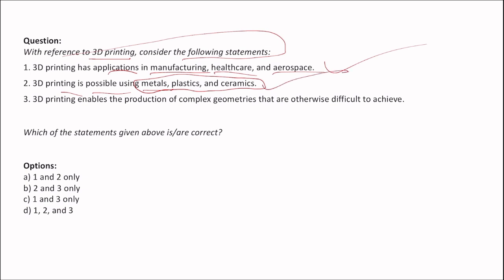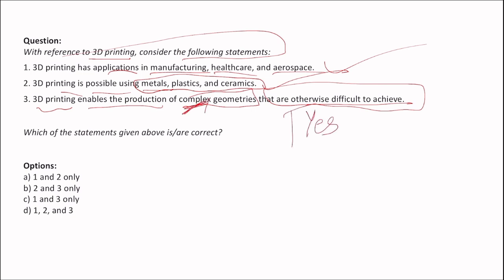Yes. 3D printing enables the production of complex geometries that are otherwise difficult to achieve. Think, can we construct very complex geometric things? Yes. Again, your option is 1, 2, 3.